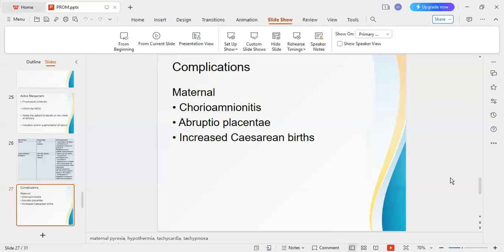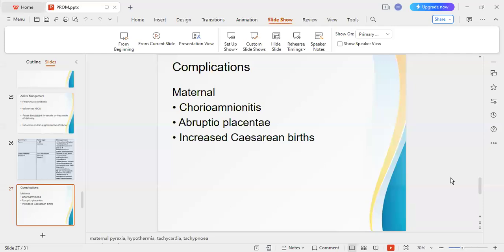How is the temperature? How is the pulse rate? We examine our women. Is there abdominal tenderness? Is there an abnormal fetal heart rate? How is the vaginal discharge? Is it offensive? How is the general well-being of the mother? We have to look out for these and try to expedite our delivery or go in for the best plan possible, which is the active management.